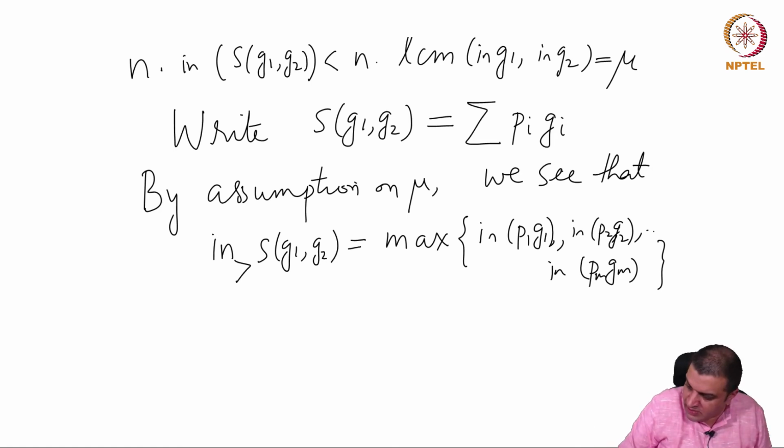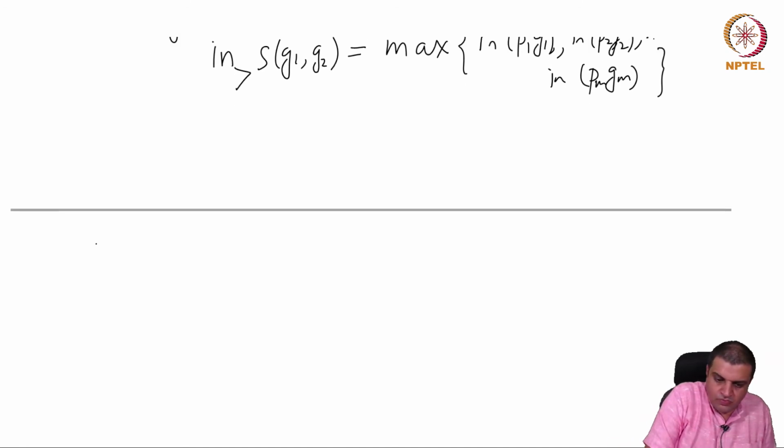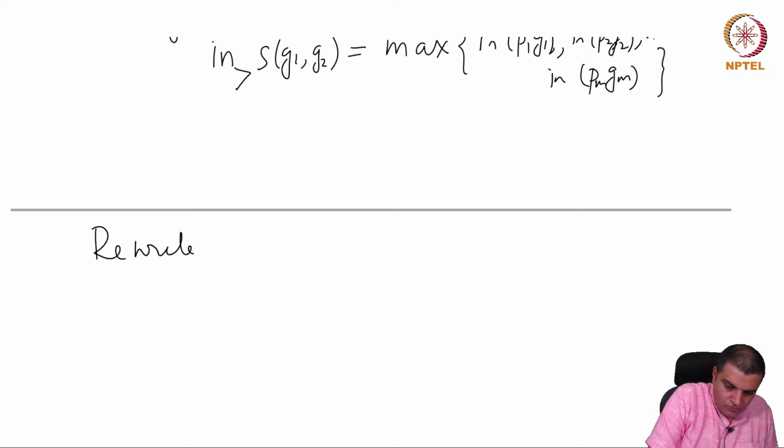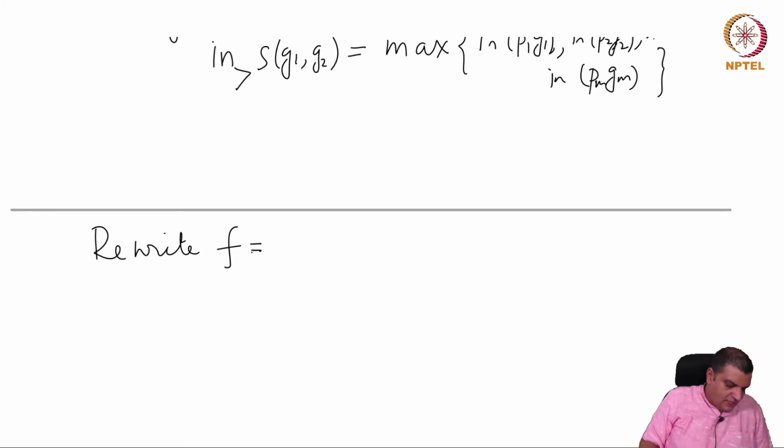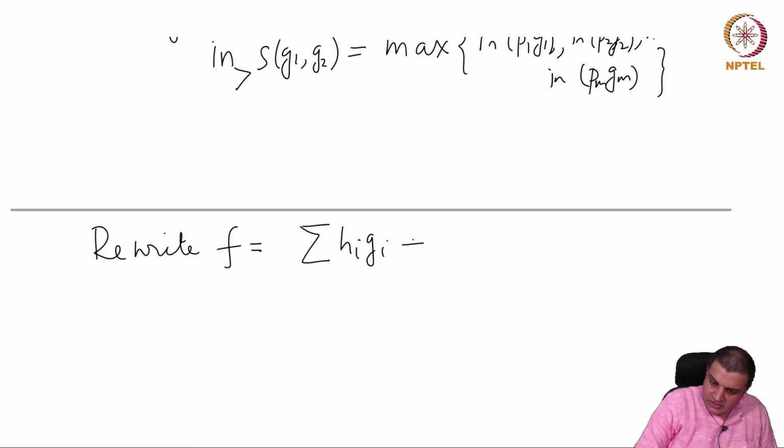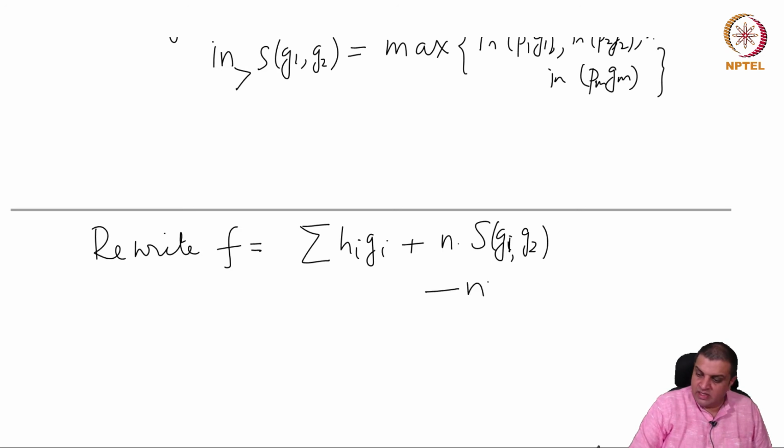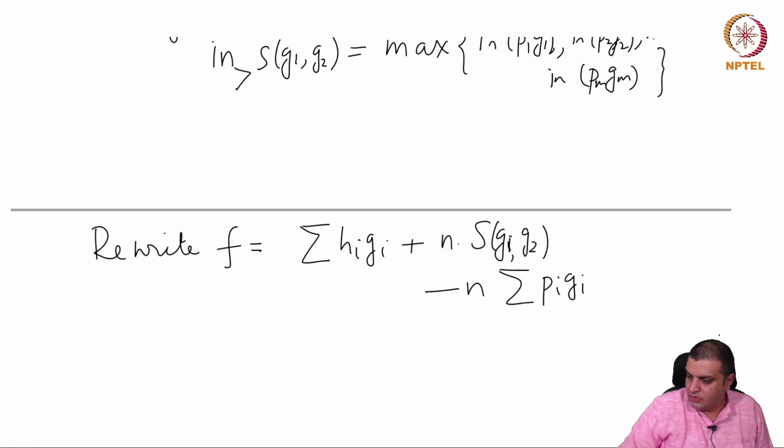Okay. So now with this we can rewrite f as some HiGi plus n times S of G1 G2 minus n times some PiGi. That is just saying we have added something and subtracted the same thing, so it's not changing the value.